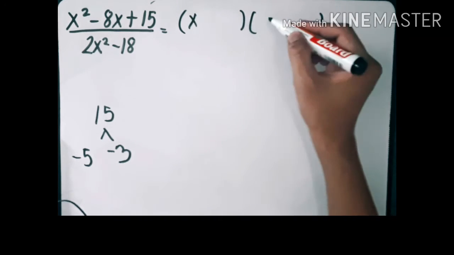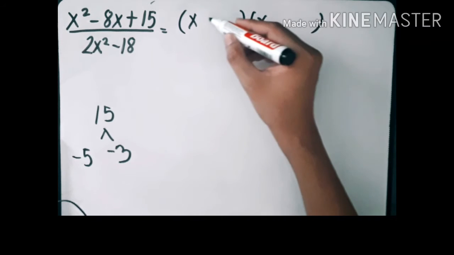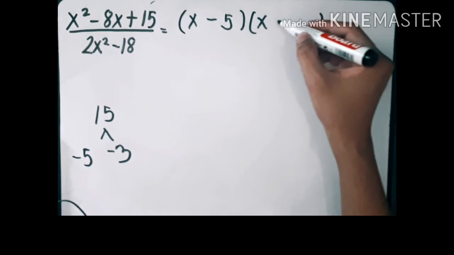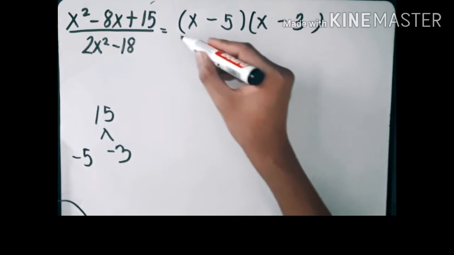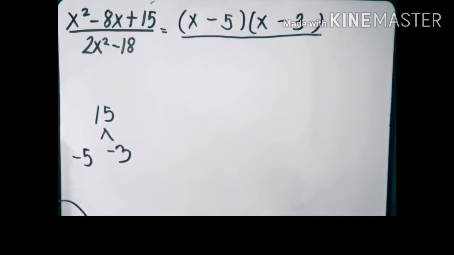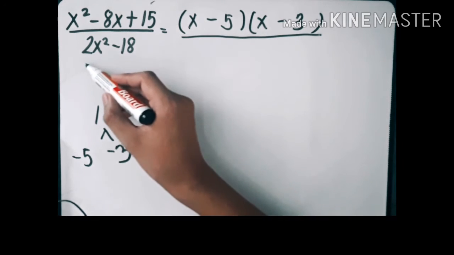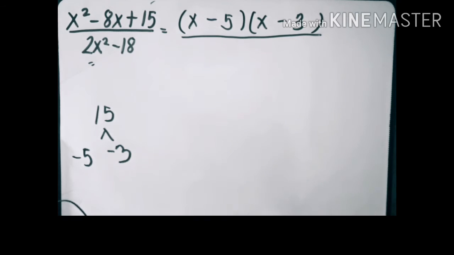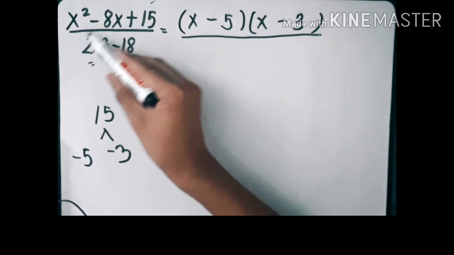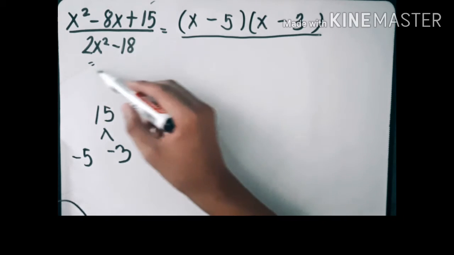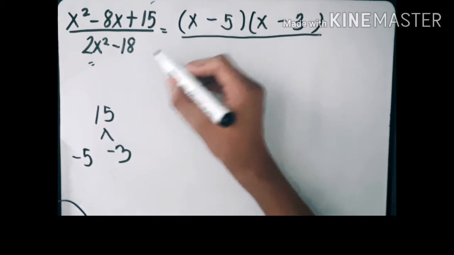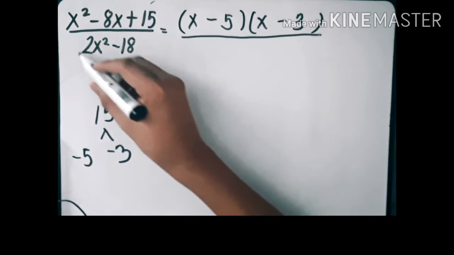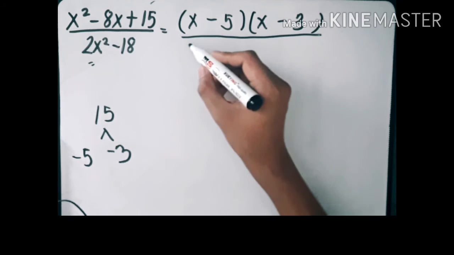So x minus 5 and x minus 3. Okay? For this one, ipa-factor out muna natin yung 2x squared minus 18. So, ang greatest common factor niya is 2.